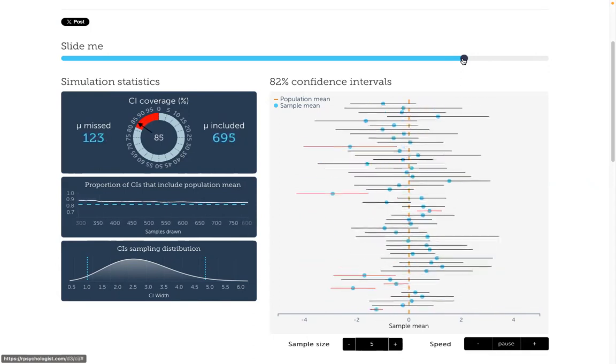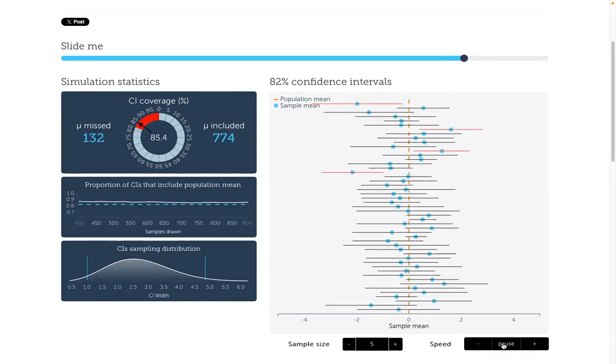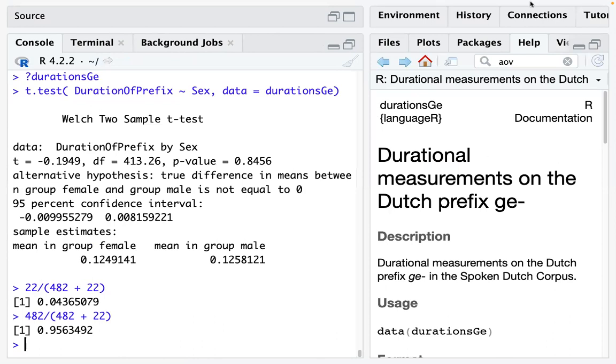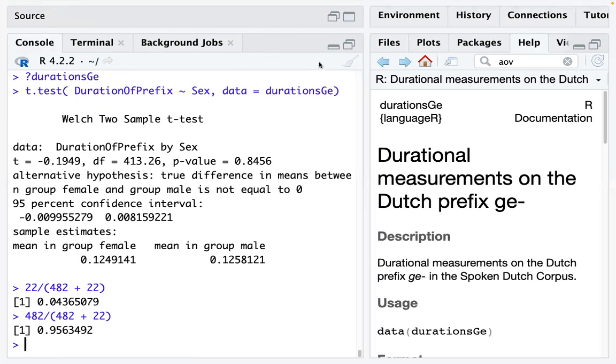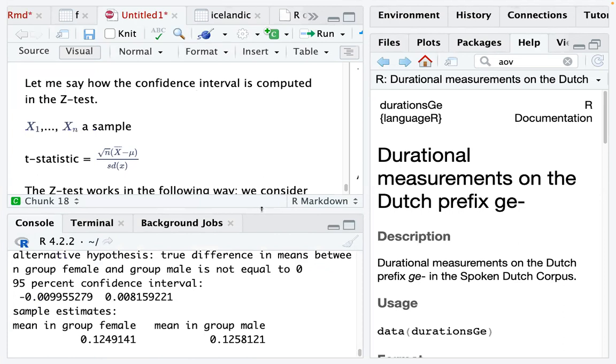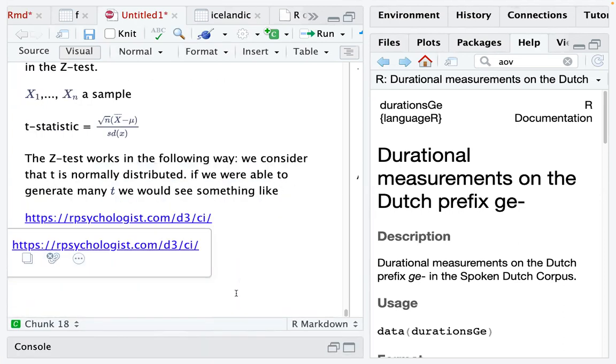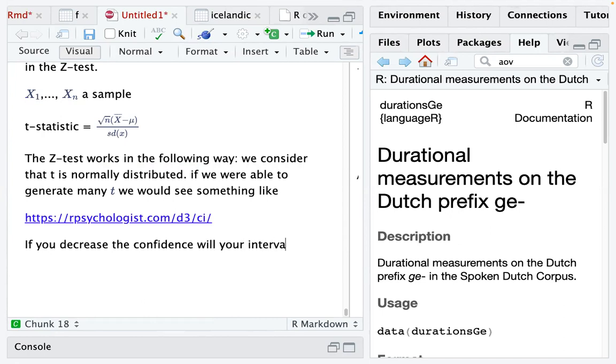Another question would be this one: if you decrease the confidence, will your interval be bigger or smaller?